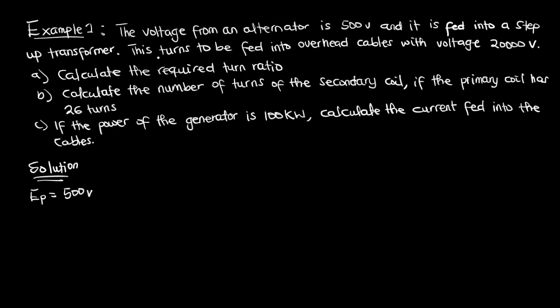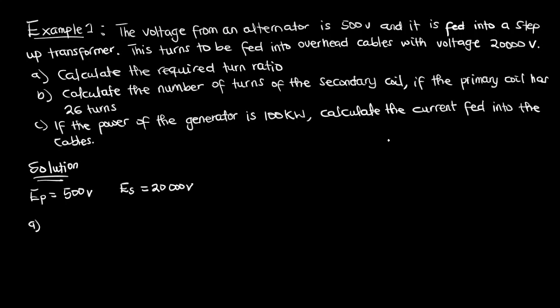This is then fed into an overhead cable, after the transformer has stepped up the voltage. The voltage is 20,000, so our secondary voltage ES is 20,000 volts.